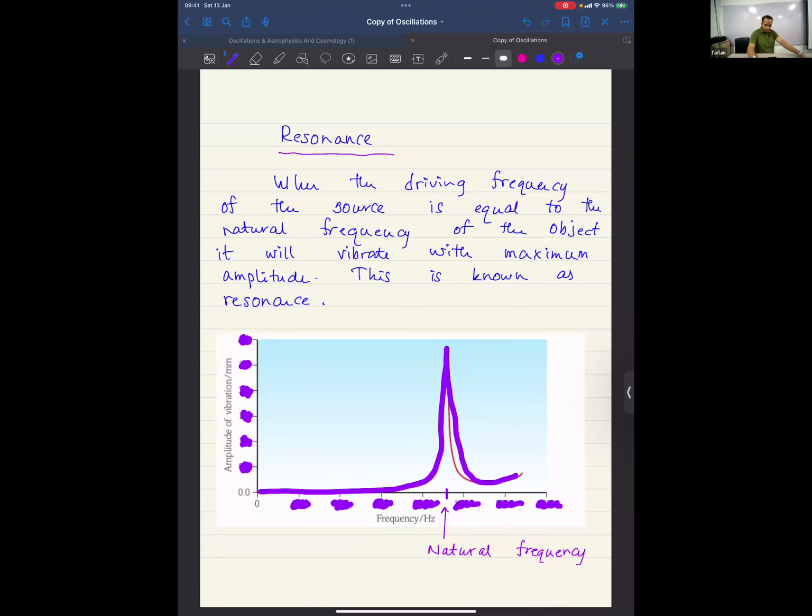When the driving frequency matches the natural frequency of the object, you can see the particle will vibrate with the maximum amplitude. So sketch this one to show how the amplitude of vibration varies with the driving frequency.